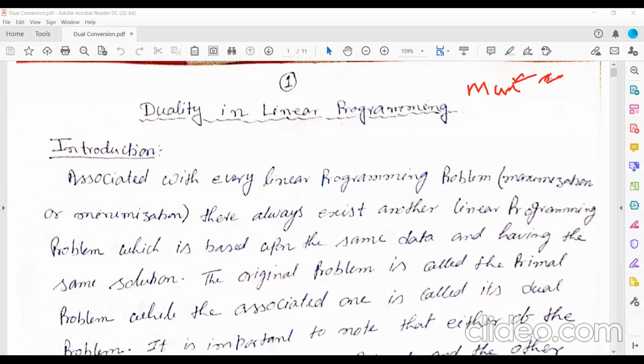Then there also exists another linear programming problem.